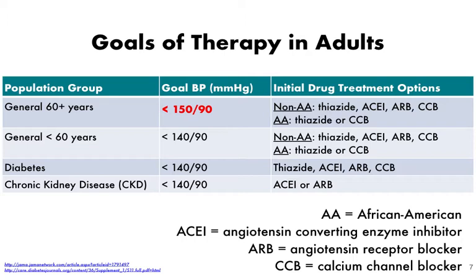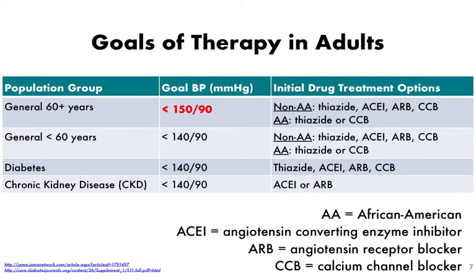For the general population over 60 years old, this is the only one that really differs. The goal blood pressure is below 150 over 90. So we can increase the systolic just a bit by 10 points here to 150 in patients who are over 60.